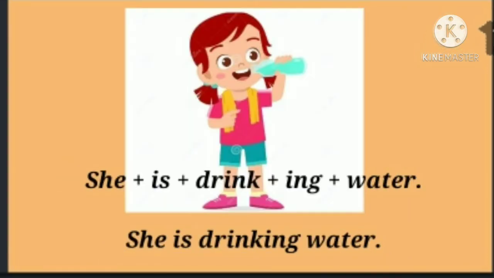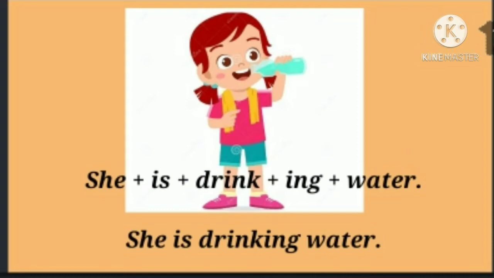Now, if my subject is she, he, or it, it will be followed with is. Why is? Because this subject, she, he, or it is singular. Then after is, I write my verb 1, that is drink. To that drink, I add ing. And after ing, I add my object.